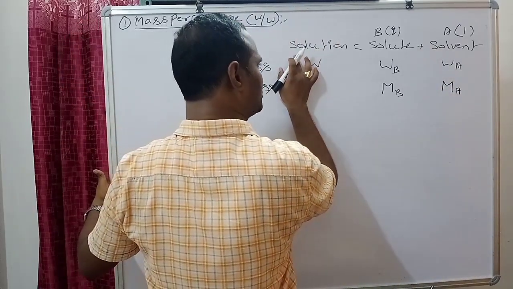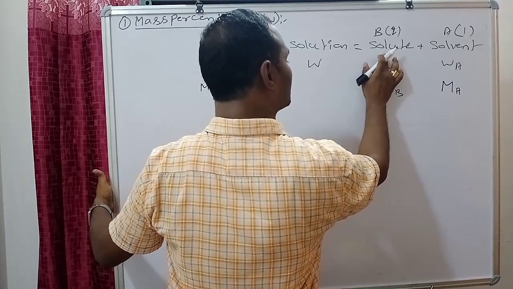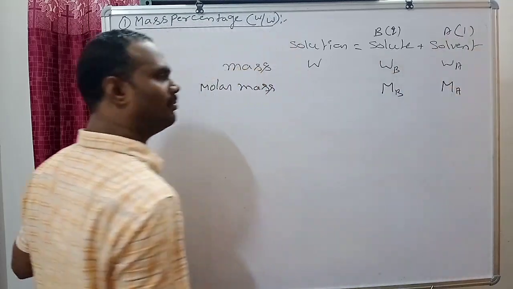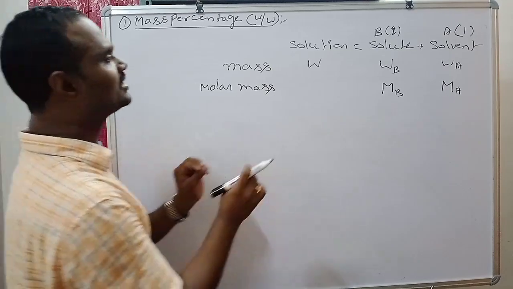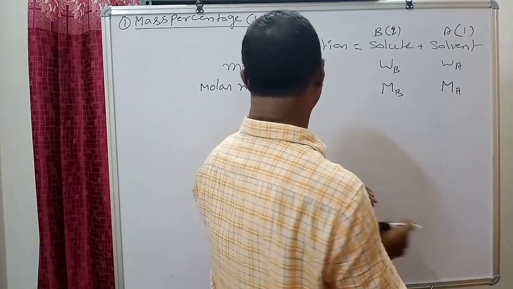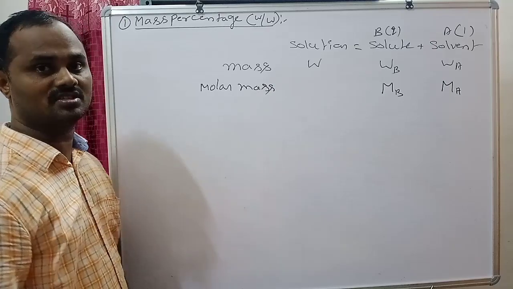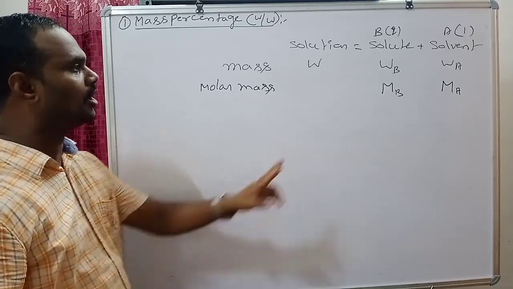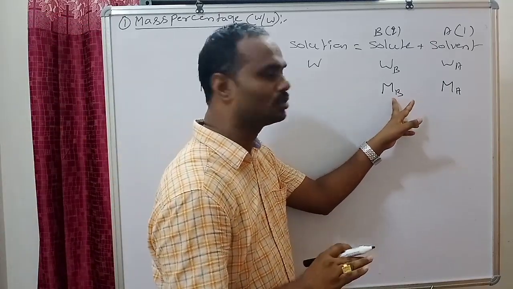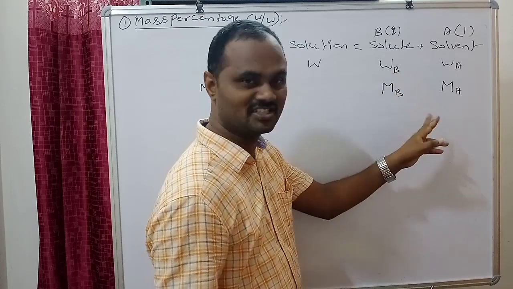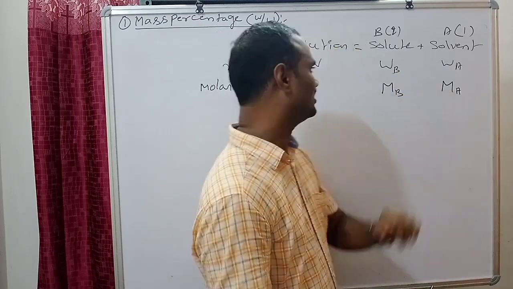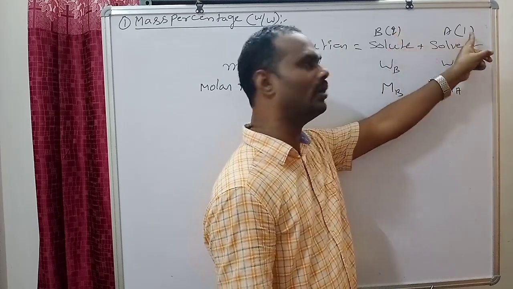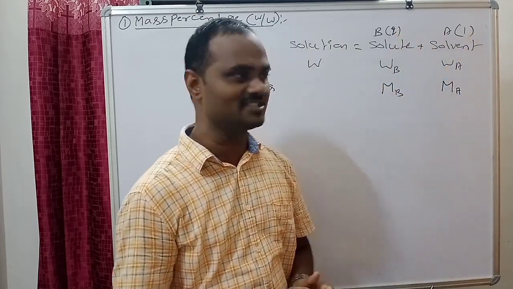Mass of solution is equal to mass of solute plus mass of solvent. Is that clear? These symbols we use very frequently in all concentration terms. Every time we won't write what is A, what is B. B means solute, A means solvent. In the same way, 2 means solute, 1 means solvent. That's all, you remember.